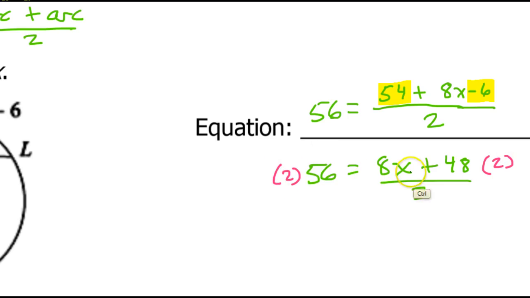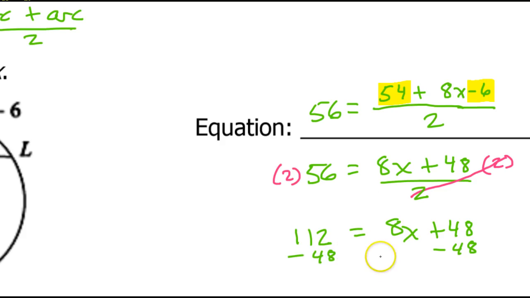Then it will be time to multiply both sides by 2 so we can cancel out those denominators. That's going to give us 112 is equal to 8x plus 48. Then we would subtract 48 from both sides.